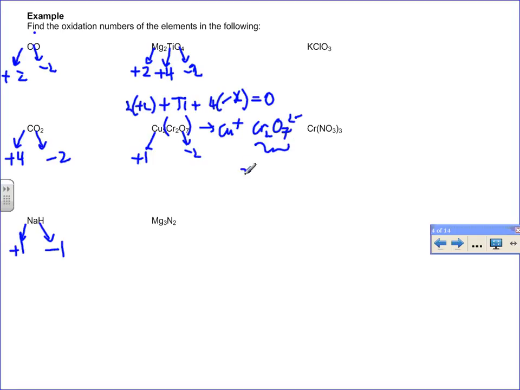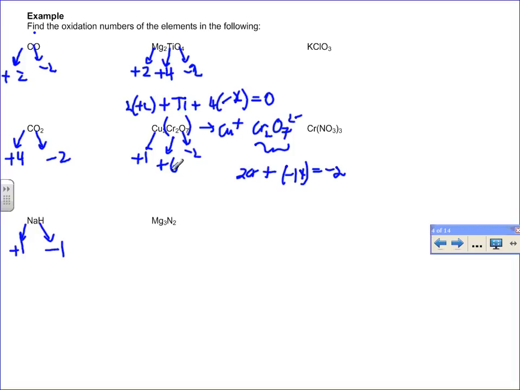Oxygen is -2, so 2 chromiums plus -14, which is 2 times the oxygen, has got to equal -2, because in this case the sum of the oxidation states needs to equal the sum of the charge. And when we solve this, we find that each chromium is therefore +6. Both chromiums together is +12, so each individual chromium is +6.